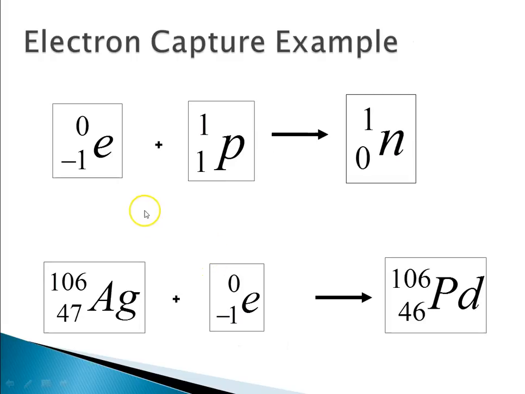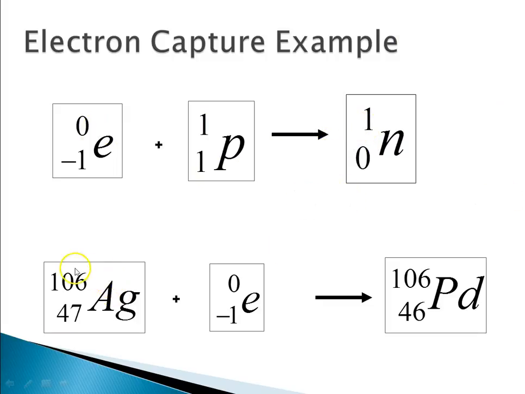The last example is electron capture, and here you'll see that what we're doing is we're starting off with an electron and a proton, and we're ending up with a neutron. So -1 plus 1 is 0, that matches. 0 plus 1 is 1, so our superscripts also match.